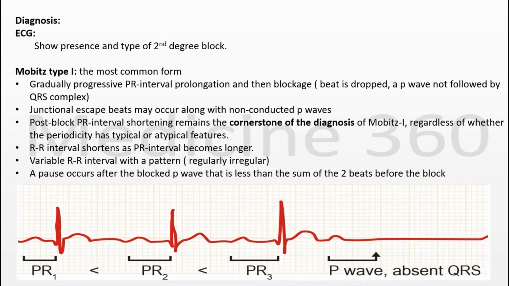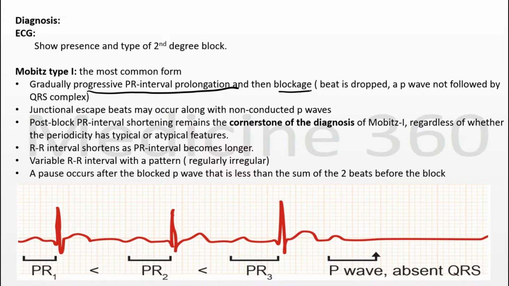Then we will move to the diagnosis. The diagnosis can be made on ECG, and the ECG will show the presence or the type of the degree of block. Now, findings in the Mobitz type 1 ECG. The most common type is Mobitz type 1. In this ECG, there is gradually progressive PR interval prolongation, and then there is the blockage.